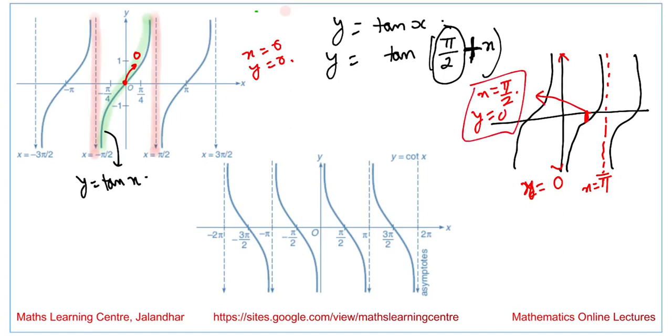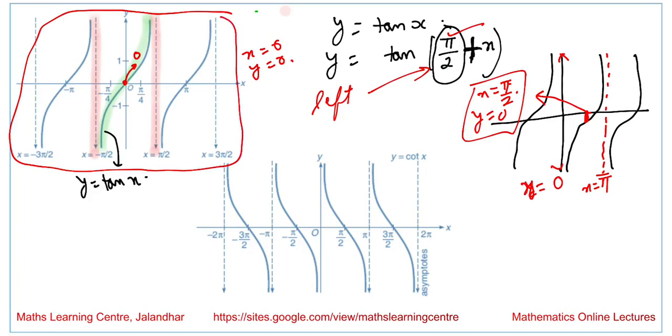So basically we have shifted the graph of tan x towards the left, and this function is equal to minus cot x.